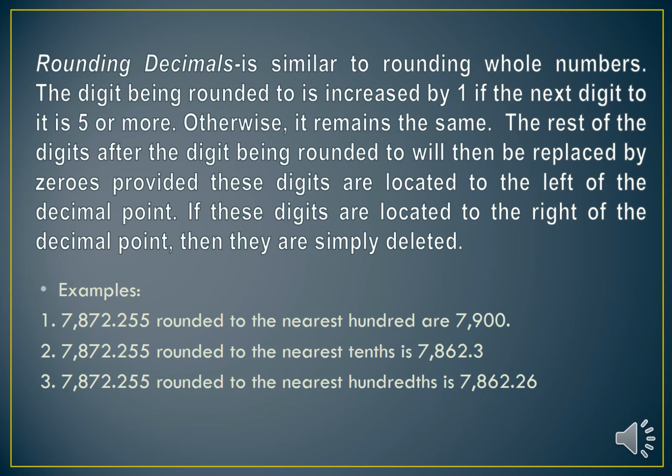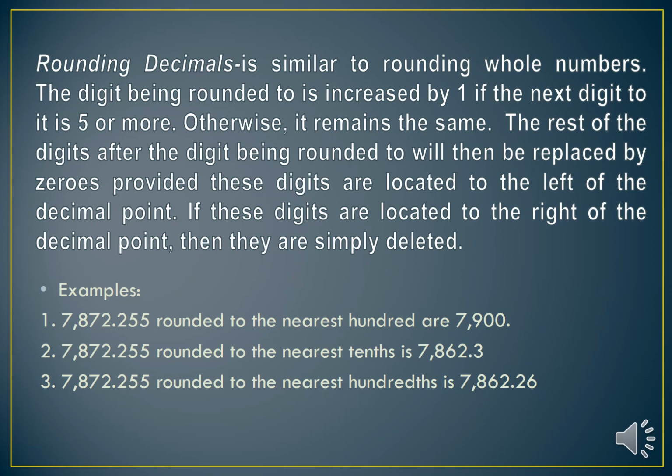And then next, round to the nearest tenths. Tenths is the first digit after the decimal point, going to the right. So if 2 is our tenths, 5 is our hundredths, another 5 is our thousandths.